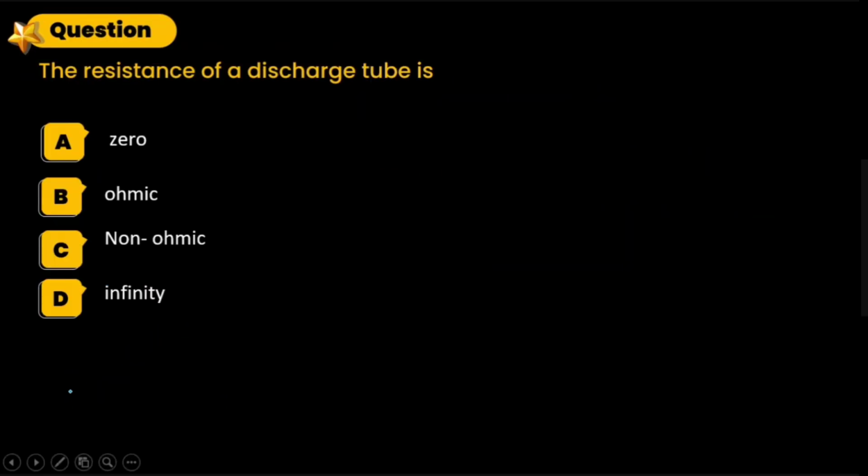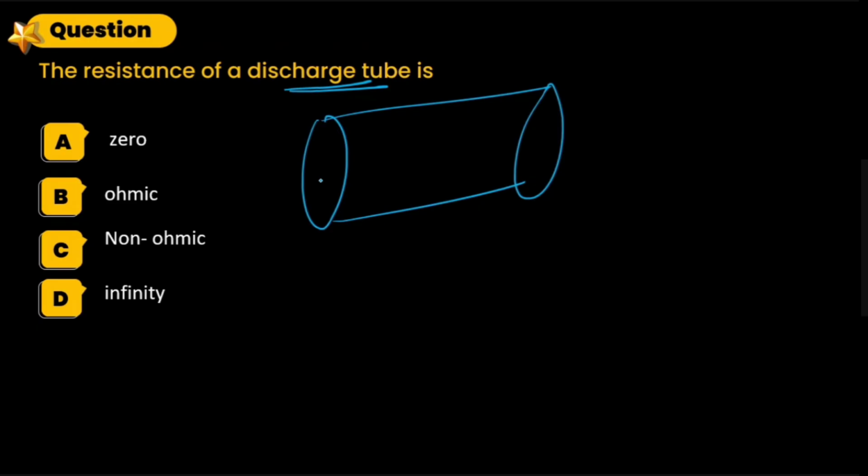Now this is some sort of knowledge more than a question. So here the question says, what is the resistance of a discharge tube? Now the discharge tube is nothing but a tube which is created in such a way that inside the tube there is vacuum, not even air.